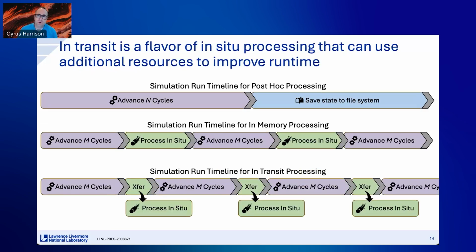There's also a more complicated paradigm, which we call part of in situ, but it's called in transit. The thinking there is that instead of doing it right inside the simulation itself, you can quickly transfer the data to another set of resources and then overlap the in situ processing, and have it run in parallel with the simulation. So this increases the complexity, but it also has the possibility of squeezing out more and more results as the simulation code's running.